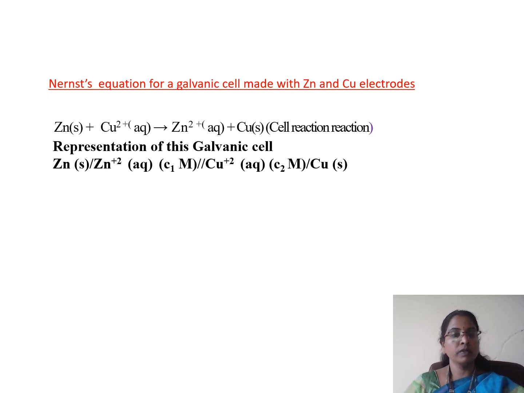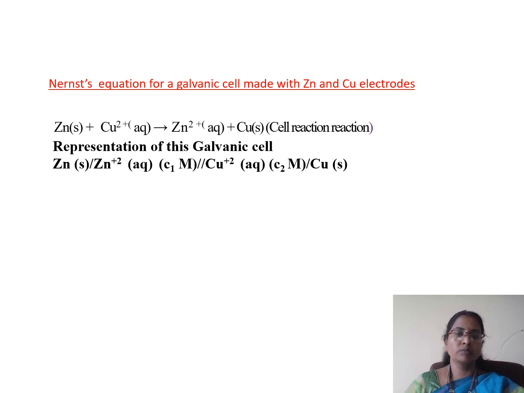Always the left hand side electrode acts as the anode and the right hand side electrode acts as the cathode. We already know about it. So the anode is written on the left hand side, the cathode on the right hand side. The anode is written by writing the metal first. Here zinc is the metal, existing in solid state, so the phase of the metal is represented in brackets.